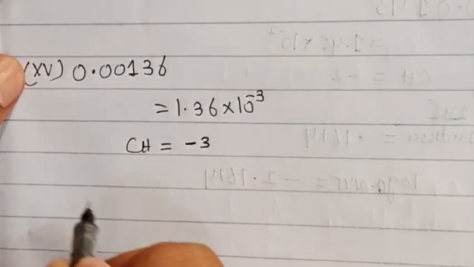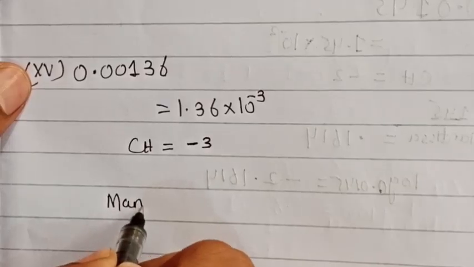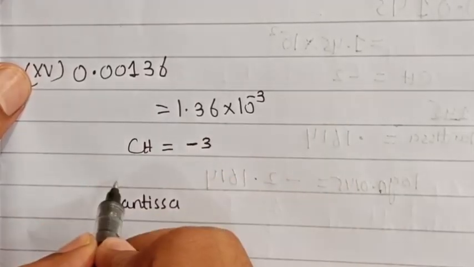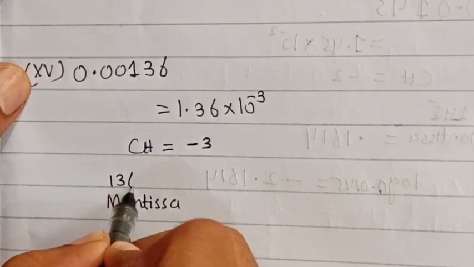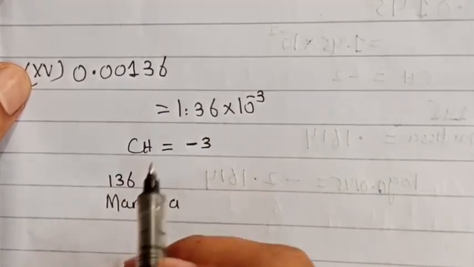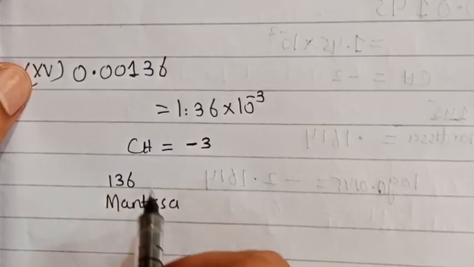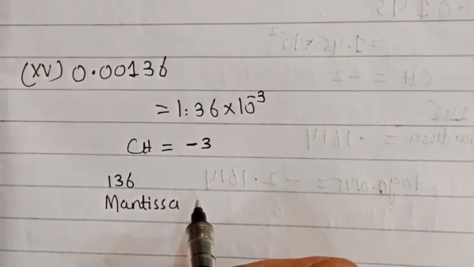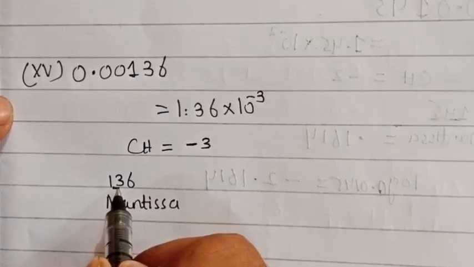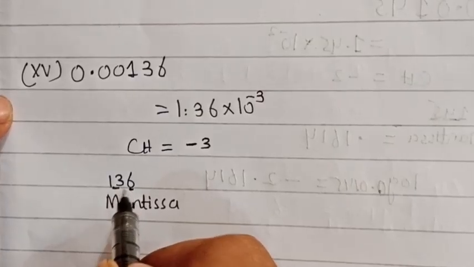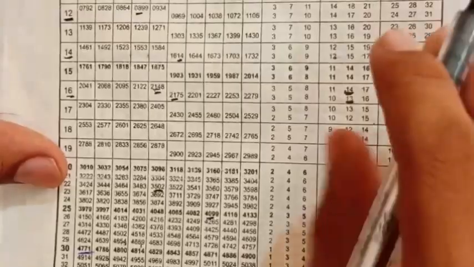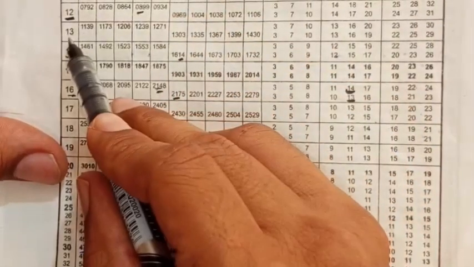For writing the mantissa, I am supposed to ignore the decimal point, and my number will be 136. I will find out the value of 13 in the 6th column. See here, 13 is there.